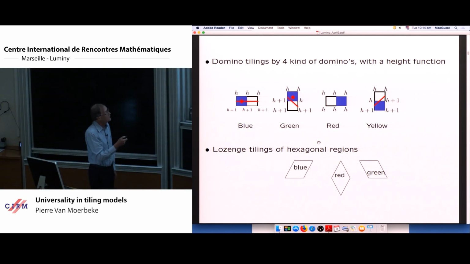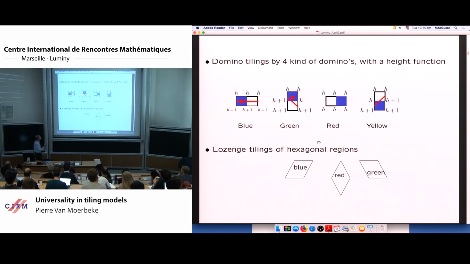The same with this: this will be 0 and 1, so this is height 1/2, and this will be height 1/2. I draw that level line. These dots, I will say something about later on. And the same thing here. Here there's no level line because it's not 1/2, okay? The level lines are always at 1/2, 3/2, 5/2, etc.